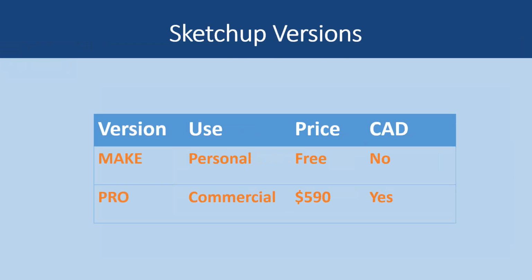The personal use only version is called SketchUp Make, and it's free. It rings true to Google SketchUp's roots. As long as you don't make money off of it, it's for your own hobbies, it's free. It is limited in that it's only a 3D design tool.